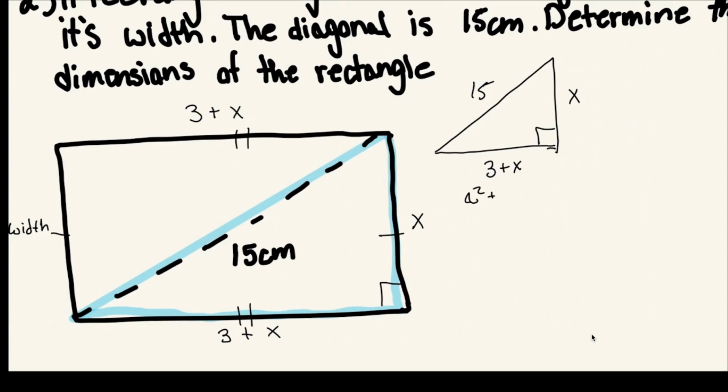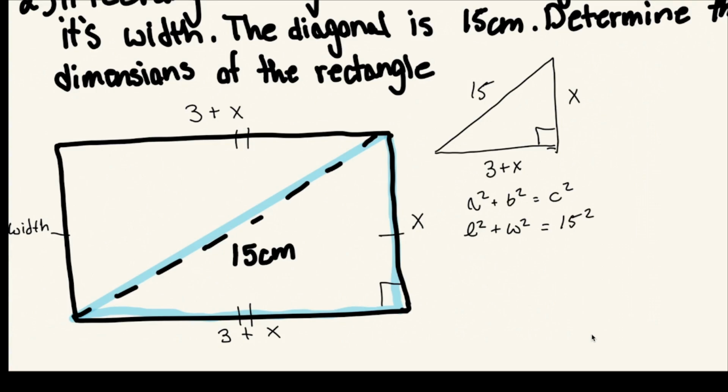So ax squared plus, whoa, no, I'm thinking of the quadratic equation. Wait, my bad. a squared plus b squared equals c squared. So in this case, we'll do our length squared plus our width squared equals our diagonal, which is 15.